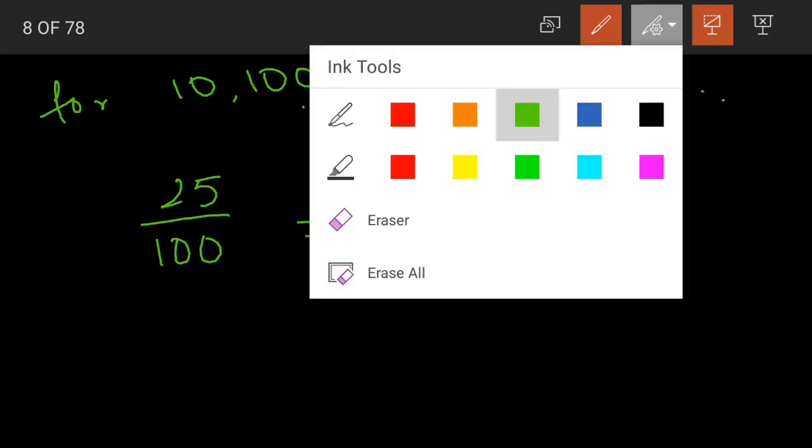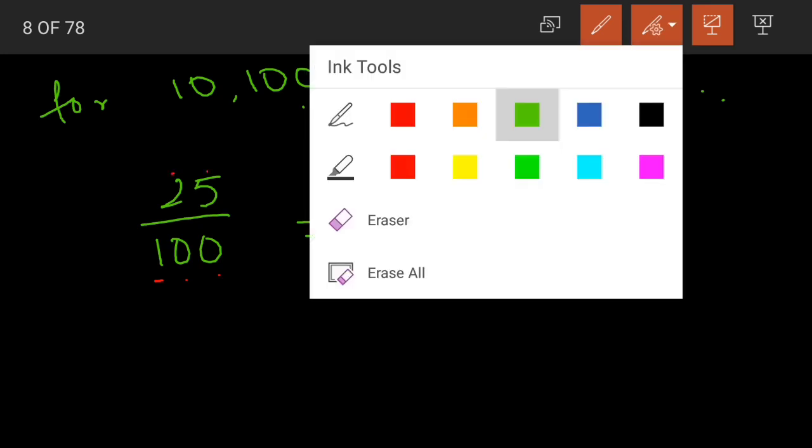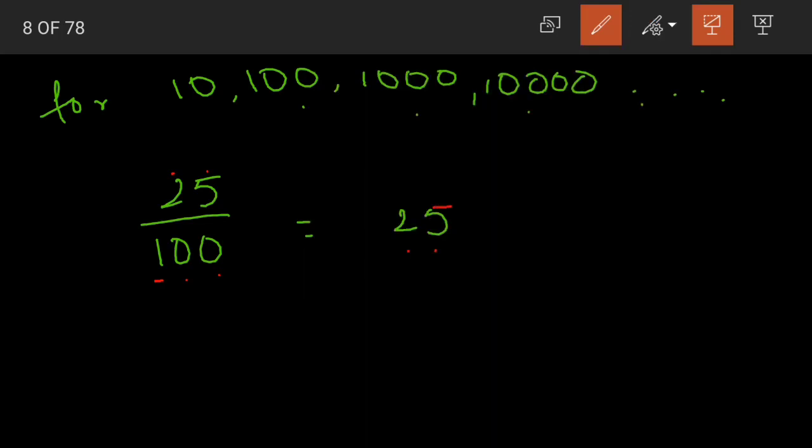So in the denominator, how many digits do we have? 1, 2, 3. But in the numerator, we are having only 2 digits. Yes. So for the third digit, we should place a 0. We should place a 0 to the right side. Yes, so sorry, to the left side.